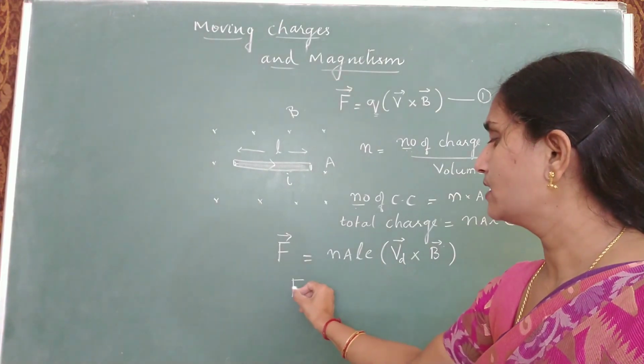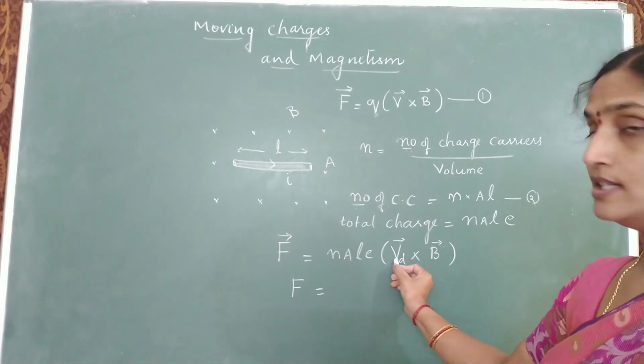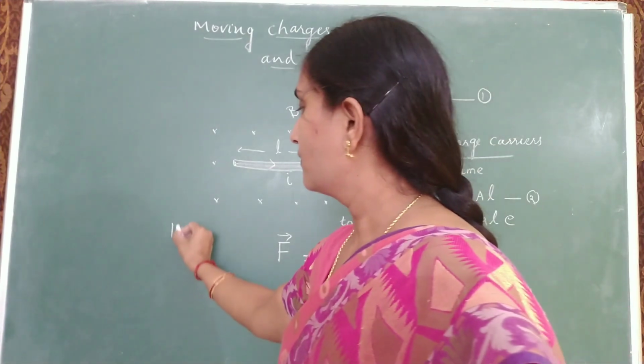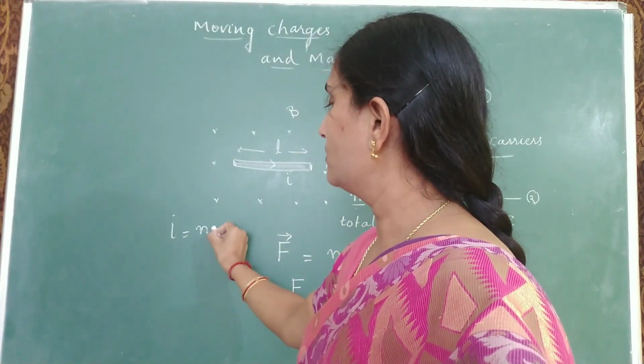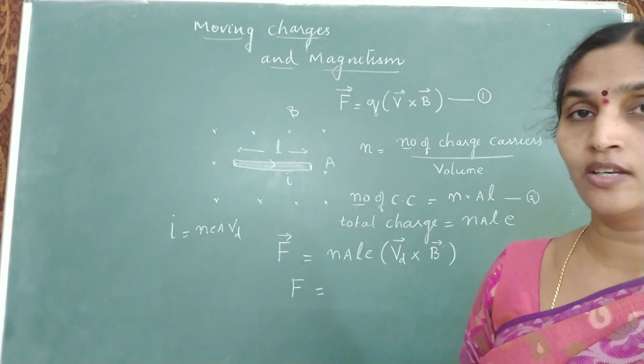Now I will write the magnetic force as, we know neA into vd. What is the product of neA into vd? If you remember, what is the relation between current and drift velocity? Hope you remember, I is equal to neA into vd.